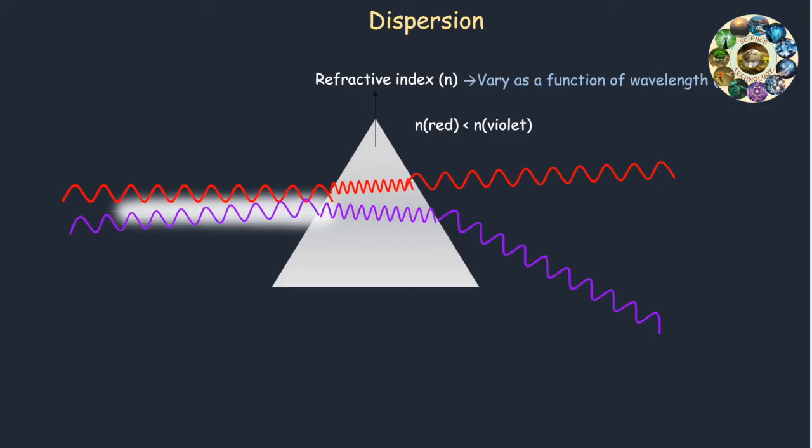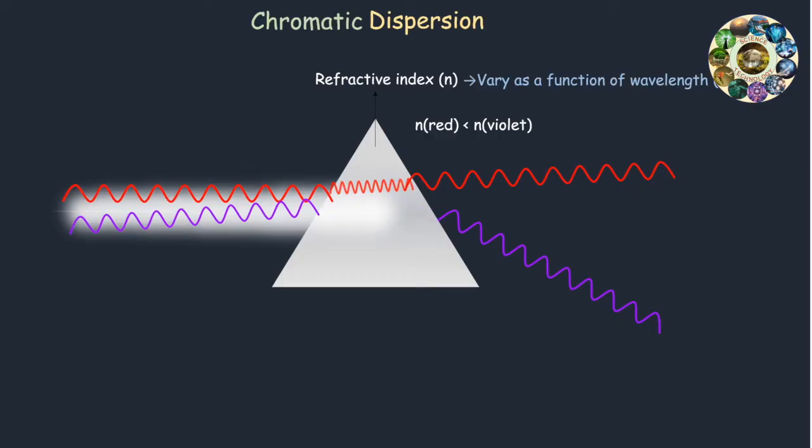This phenomenon is responsible for chromatic dispersion, or the breaking up of white light into its component colors by prisms. So, the material of the prism is more optically denser for the light of violet color than for the light of red color. Hence, the violet-colored light has a lesser speed than the red-colored light. Due to this reason, the violet light bends the most, and the red light bends the least while passing through a prism.